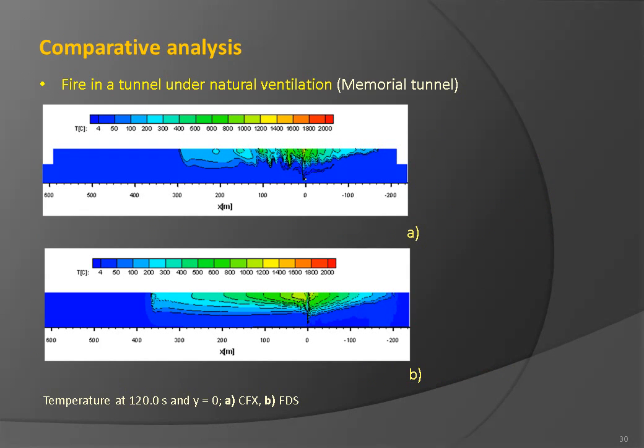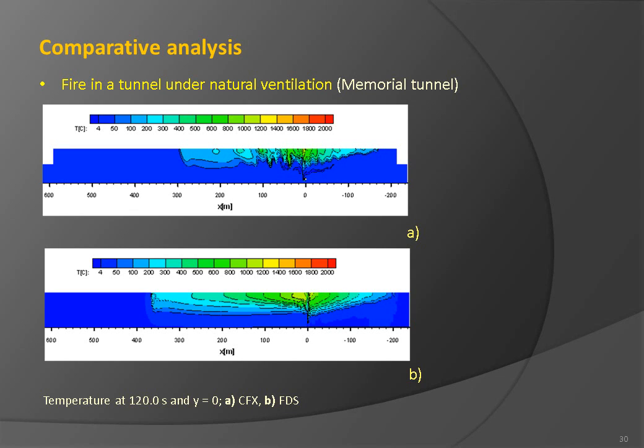Figures in front of us display a calculated temperature field, 120 seconds since the start of the fire. ANSYS-CFX was used to obtain the simulation results shown in figure A above, and FDS for the simulation results in figure B below. In the CFX simulation, the hot upper layer shows a much larger degree of flow instabilities.